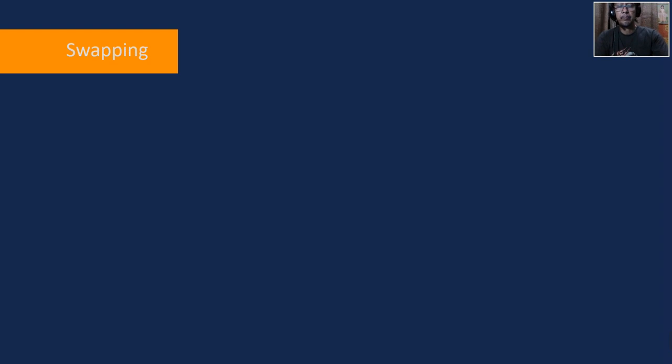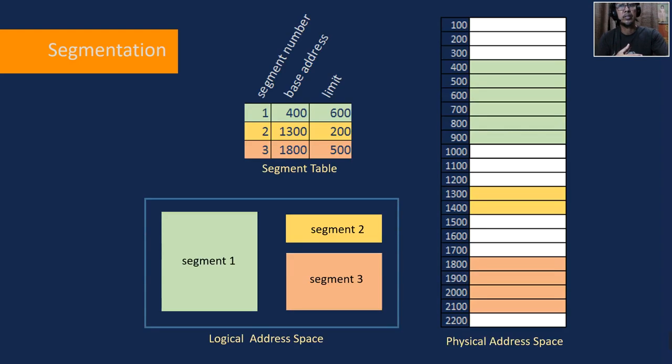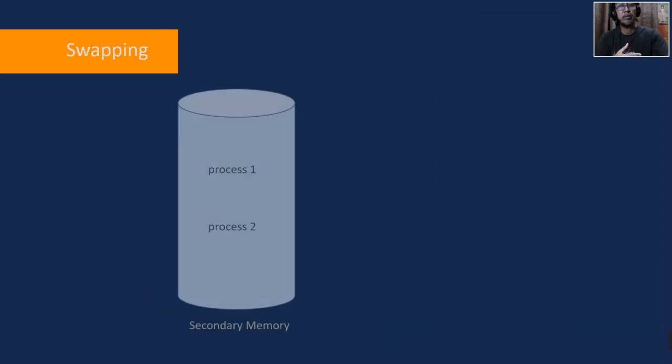Okay, so swapping. Swapping involves secondary memory. Actually, paging and segmentation, of course, involve secondary memory, but only at the beginning. But in swapping, all throughout the processing of your program, there is a movement of data from secondary memory to primary memory.